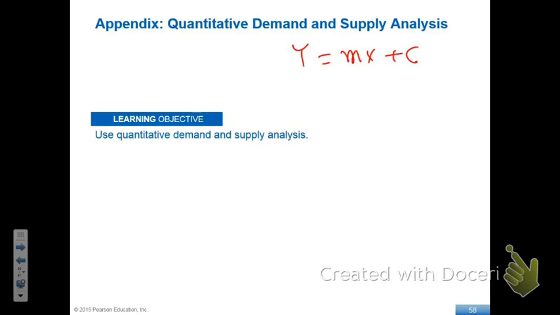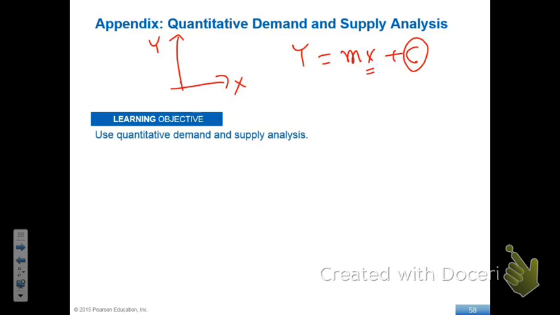we can represent the equation of a straight line as follows, where y is measured by the vertical axis, x is measured by the horizontal axis, and c is the vertical intercept of this graph of a straight line. What does c mean?